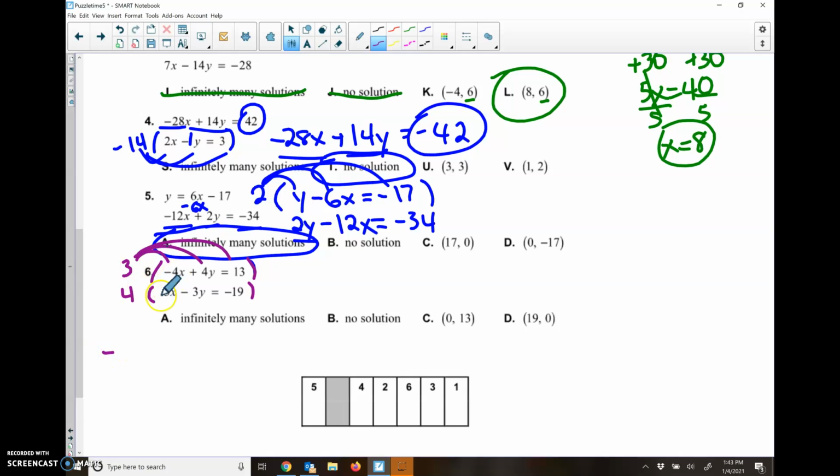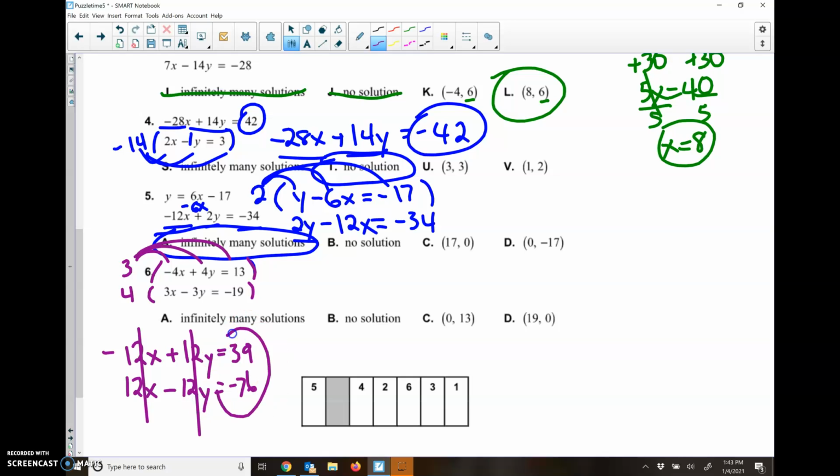Okay, so 3 times negative 4x is negative 12x, 3 times 4y is 12y, and 3 times 13 is 39. Then I multiply the bottom by 4, I get 12x, I get 12y, and I get 76. So again, x's are the same, y's are the same, but numbers are not going to be the same. So this is going to be one of those that's a no solution.